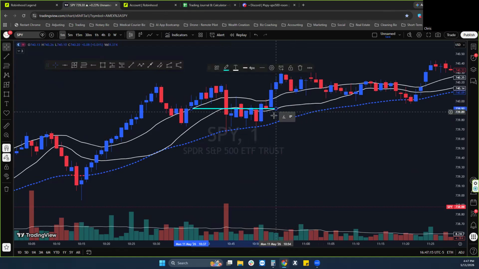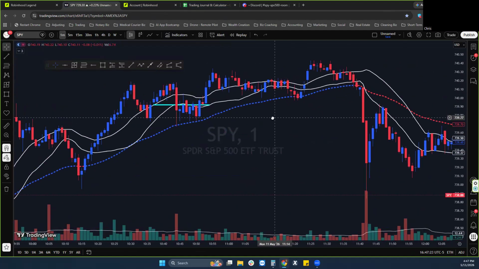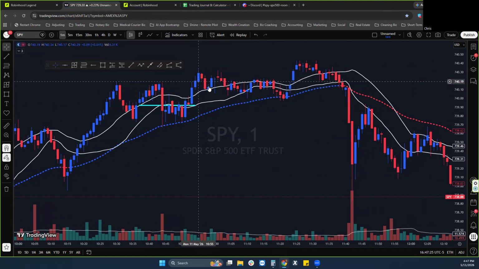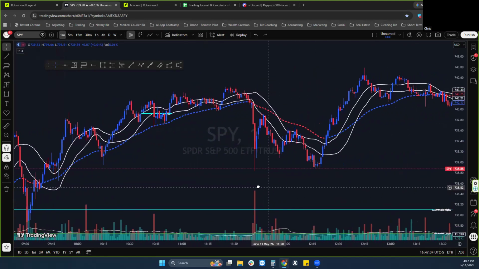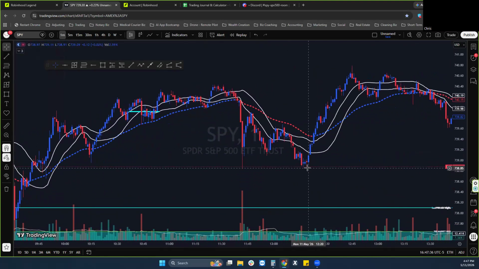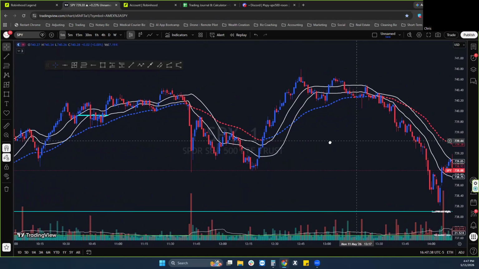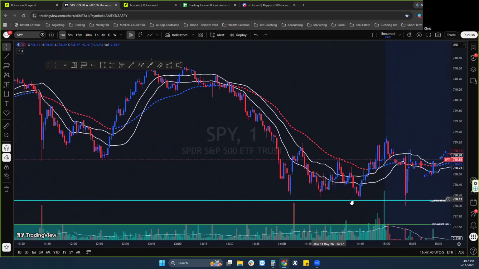So right here at the close, we got out. This is where we exited the trade, and then price continued going sideways, popped up again, and ultimately fell, and then it bounced back at 12:20, went back up again, and came back down again.